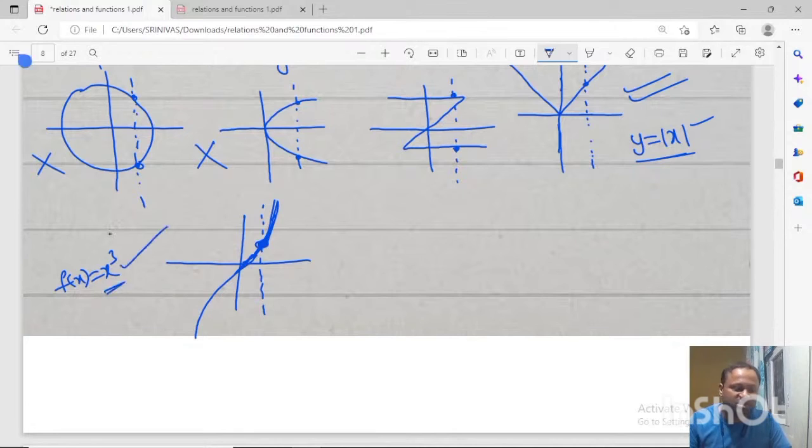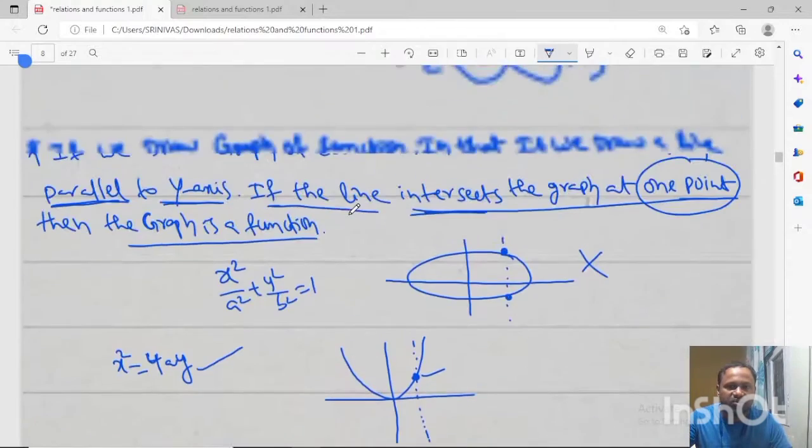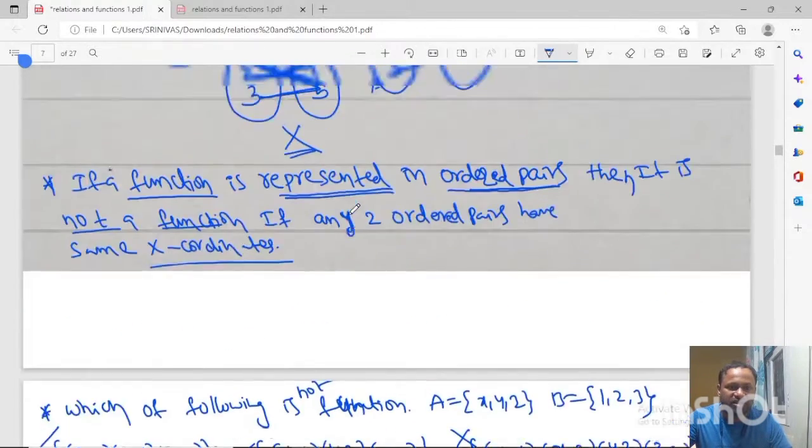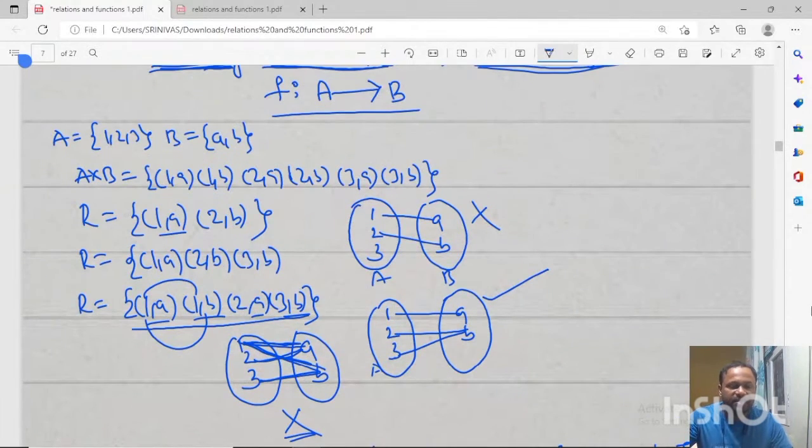That's why this is also a function. So like this, we can define so many functions. Majorly, you got the concept, I think. Okay, to identify the function, very easy.